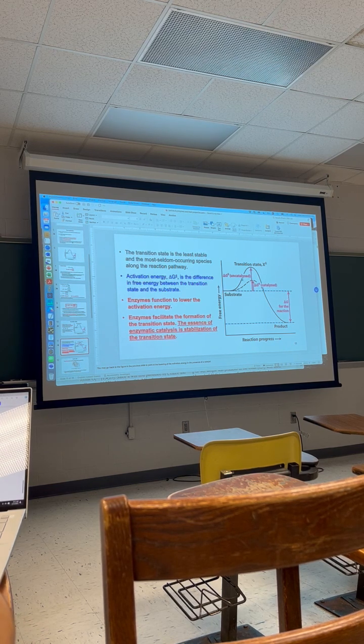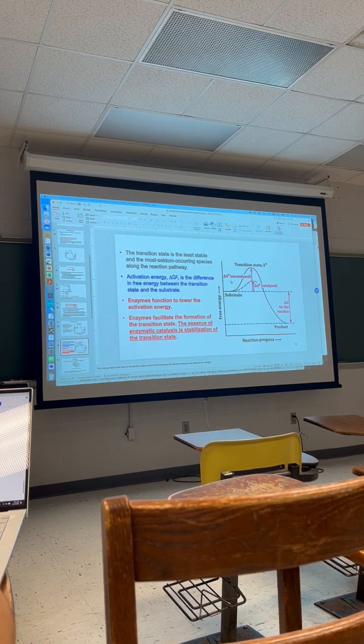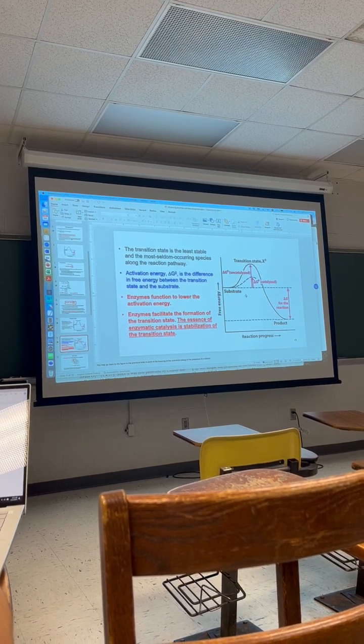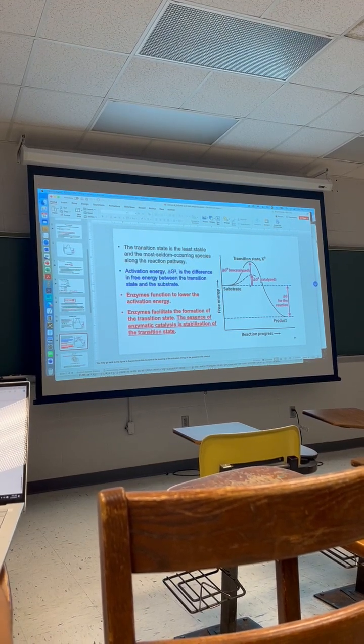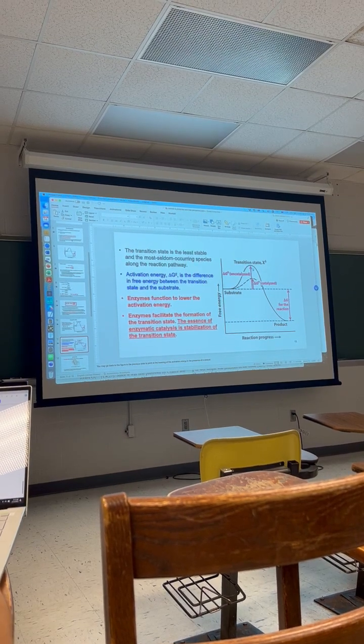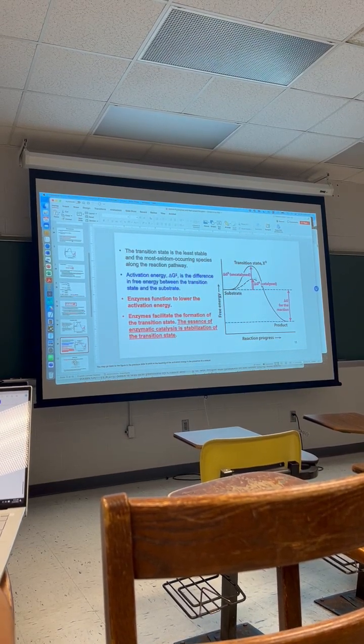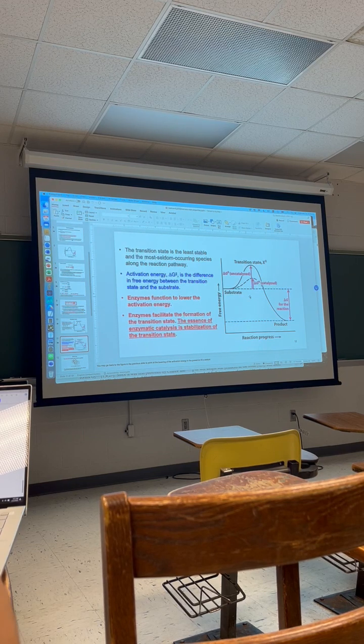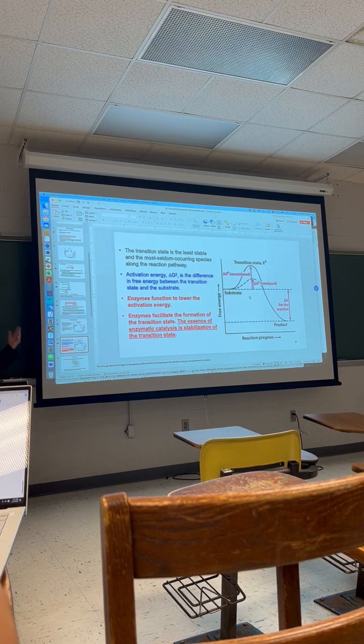The difference between the energy of the transition state and the energy of the substrate, as shown here by those red arrows. I think it is absolutely clear from this diagram that the activation energy, or delta G double dagger, is lower in the presence of enzyme when you catalyze this reaction. So what does this mean?